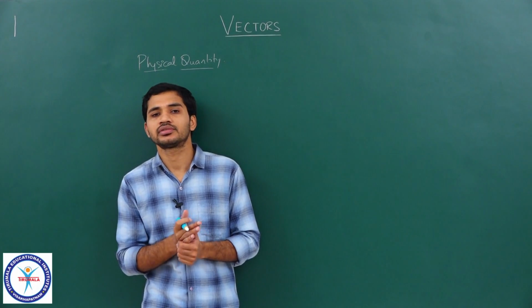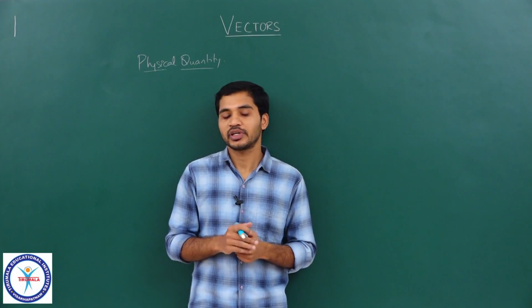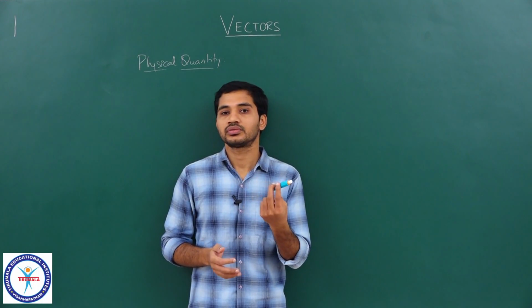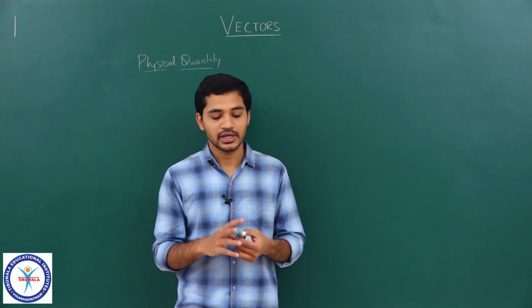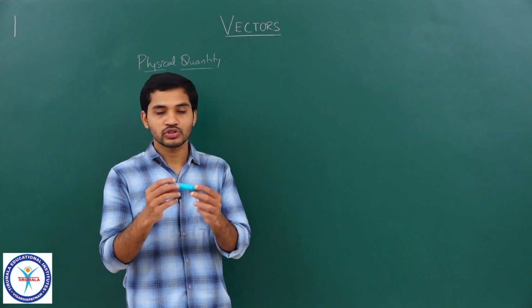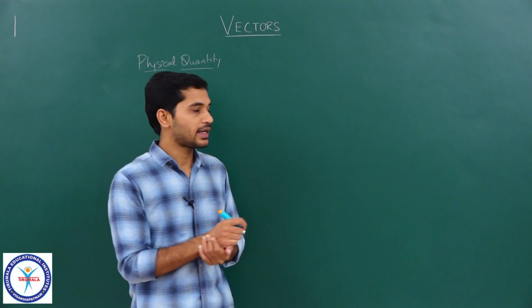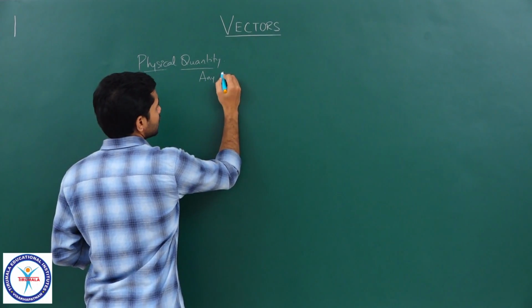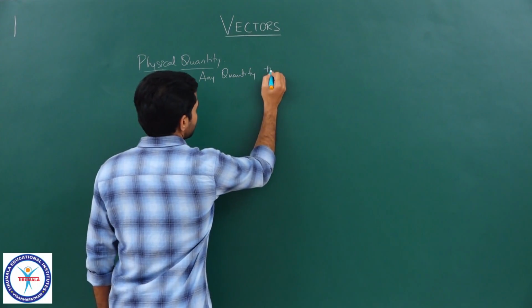Things like that can't be measured, so they are not physical quantities. But if I ask you what is the length of this chalk holder, it is a physical quantity, I can easily measure it, right? So that is the basic idea, how much mass it has, how much volume it occupies. All these are things that can be measured, correct? So that is how we define it, any quantity that can be measured.